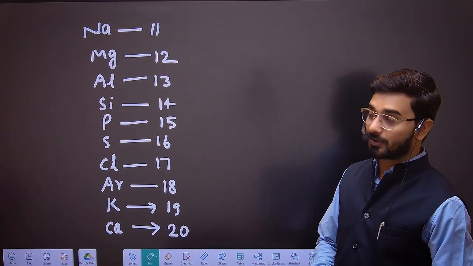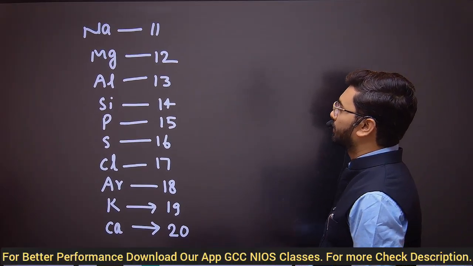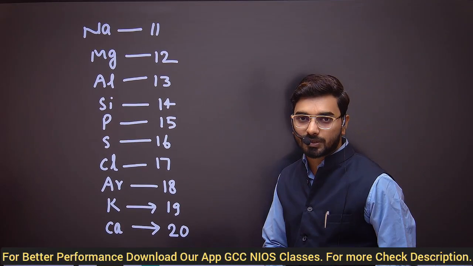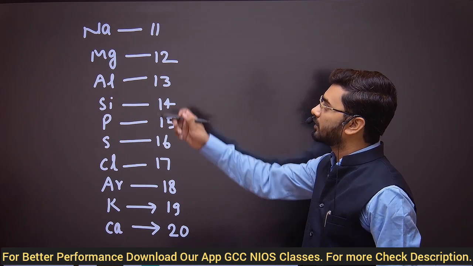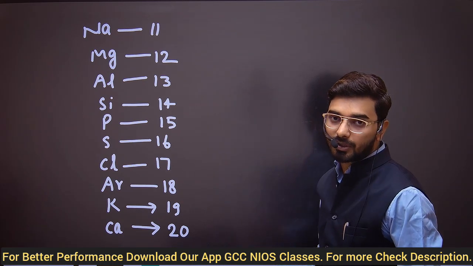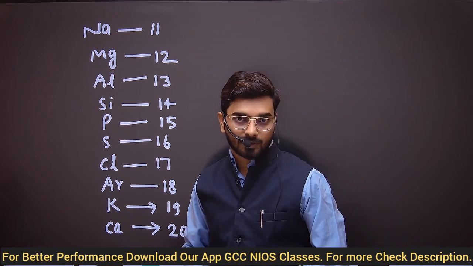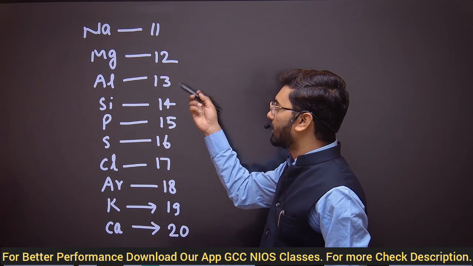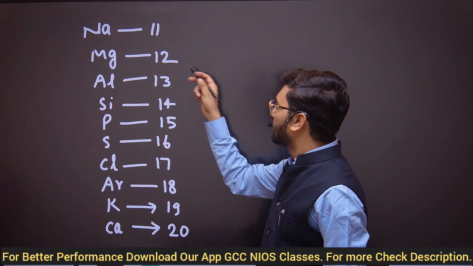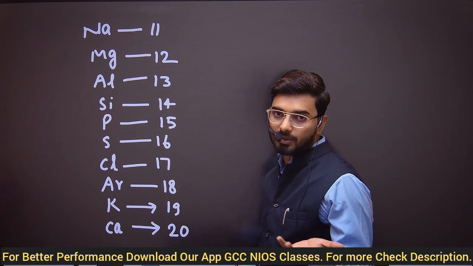We will discuss the electronic configuration and basic concepts of chemistry. In the last video, we described and explained atomic number 1, hydrogen, to atomic number 10, neon. And the further elements, sodium to calcium, I told you to write the electronic configuration as homework.